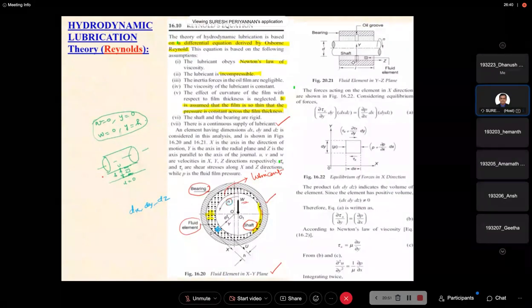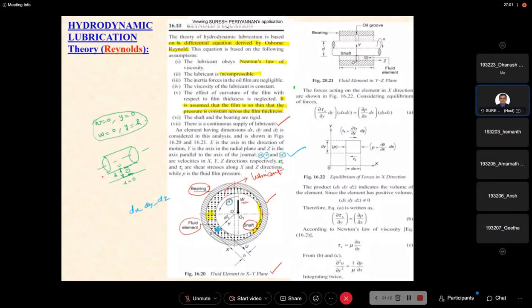This is the direction of rotation. In the x, y, z directions, the fluid element velocities are u, v, w respectively. He considered the notation like this.